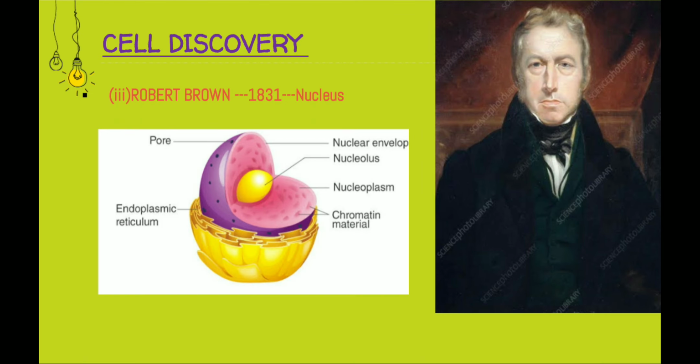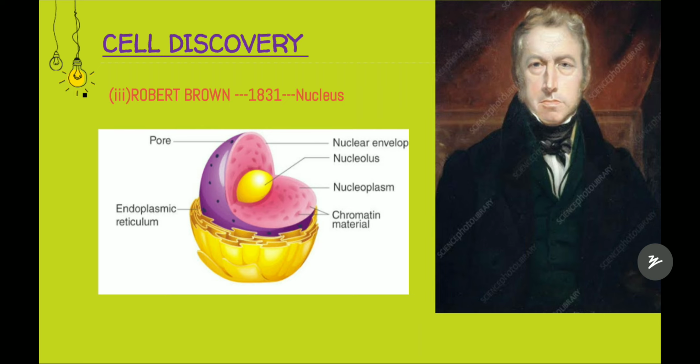Now the third discovery is about the nucleus. Robert Brown, a scientist, in the year 1831, observed the nucleus. What is the nucleus? We learned in session 1 that it is a dense round body in the center of the cell.